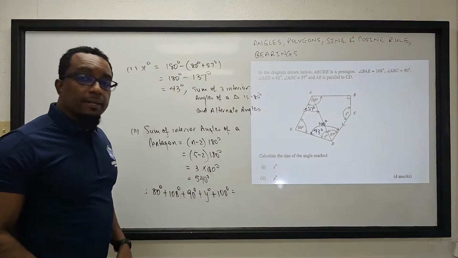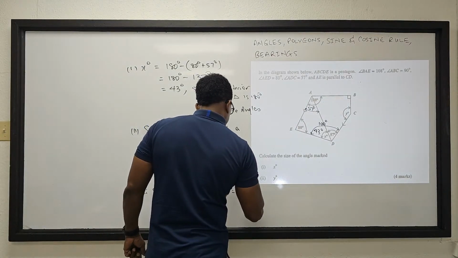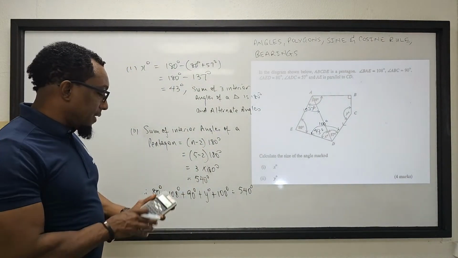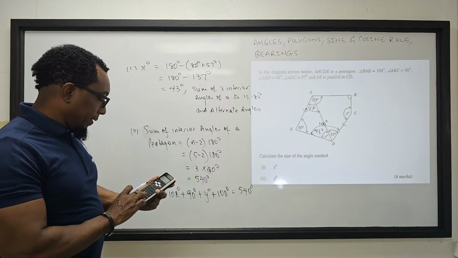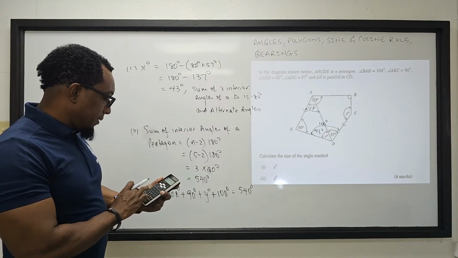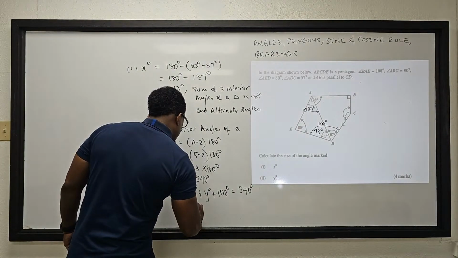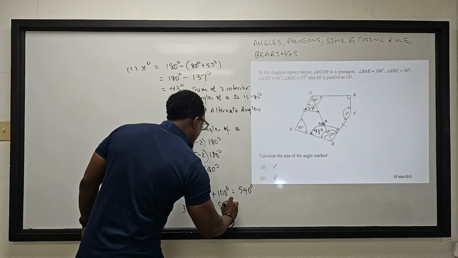So those are 5 interior angles, that is equal to 540. So let's add. 80 plus 108 plus 90 plus 100 will give us 378. So 378 degrees plus Y degrees is equal to 540.